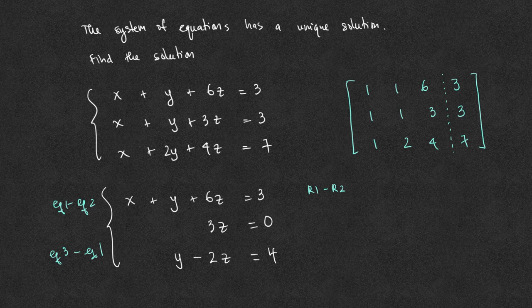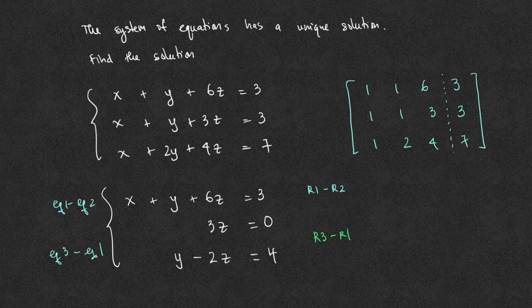In the matrix form, or in the augmented matrix, we will take row 3 and subtract row 1. But this is the same as multiplying row 1 by -1 and adding to row 3.